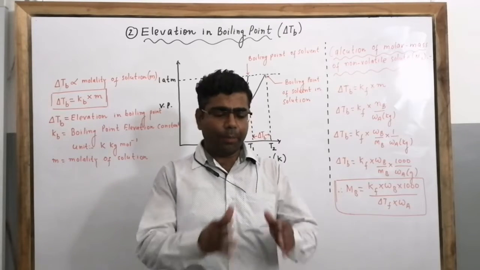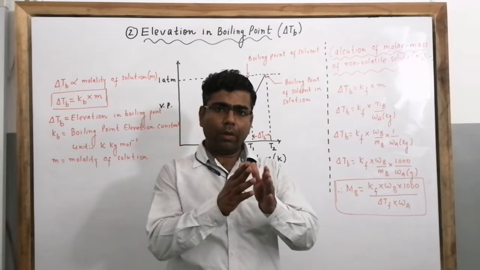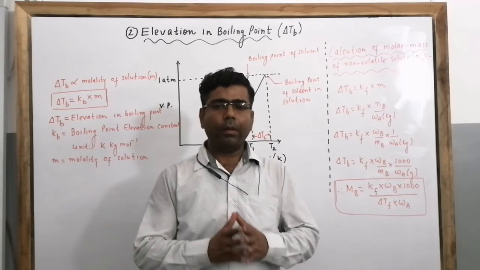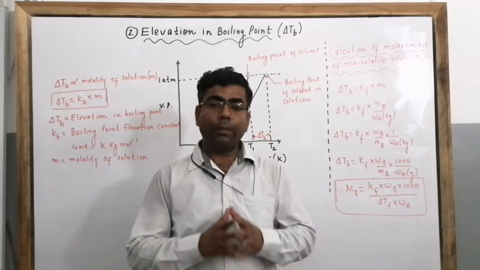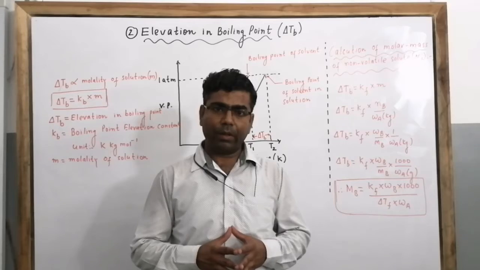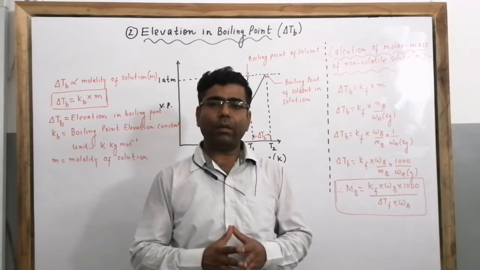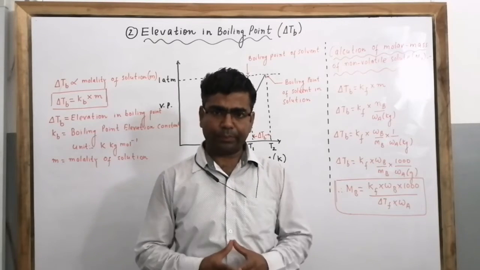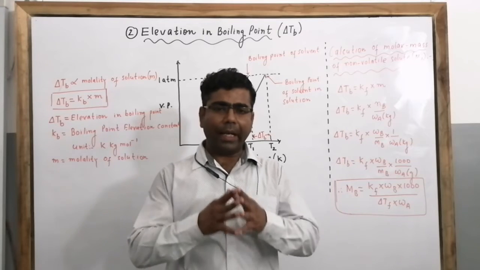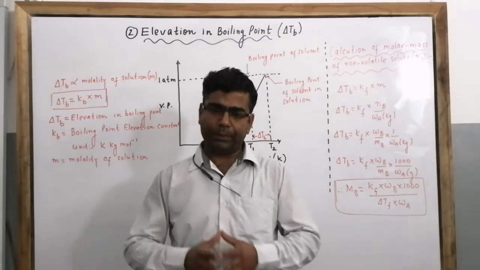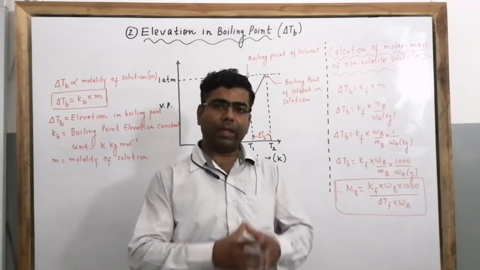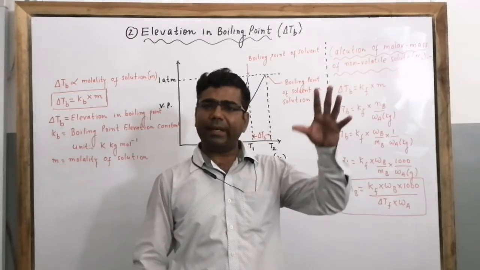Now, the boiling point of the solvent in solution minus the boiling point of pure solvent is called elevation in boiling point. Suppose we are adding glucose to water, and now its boiling point becomes 101 degrees Celsius.